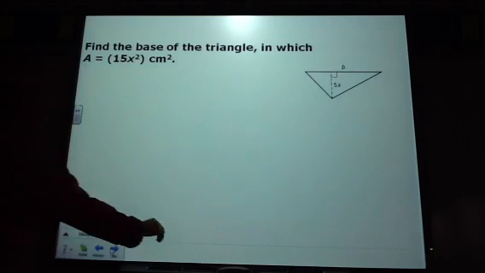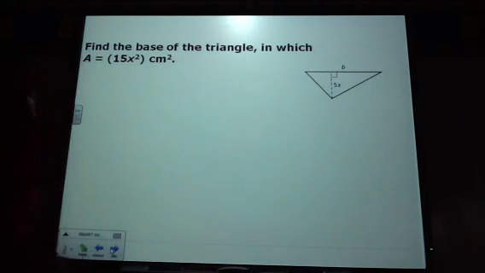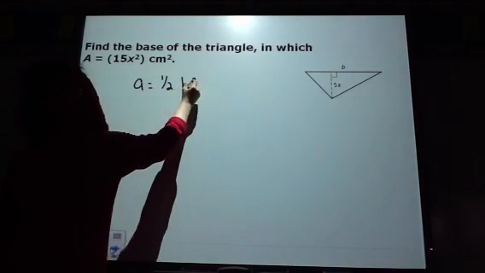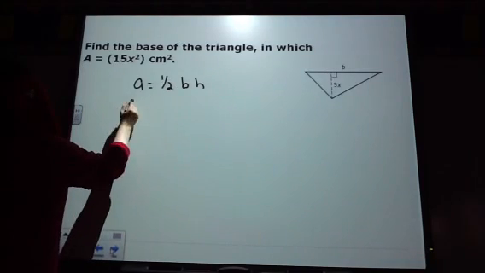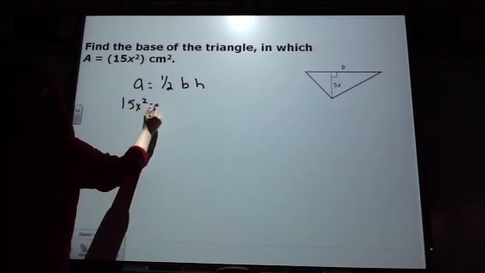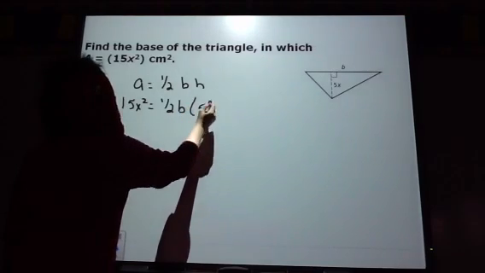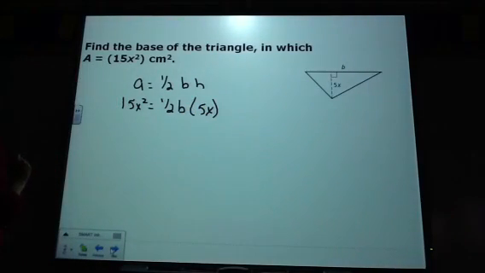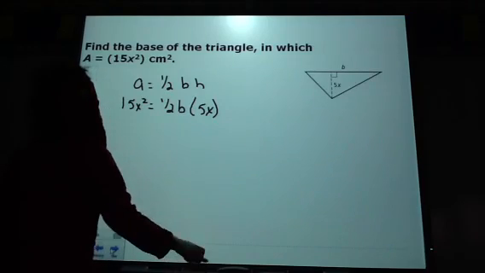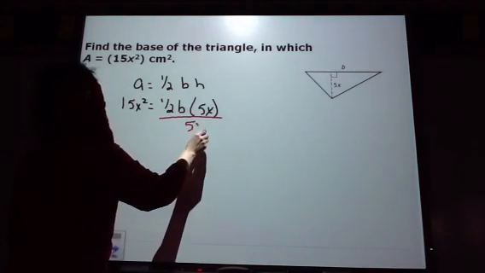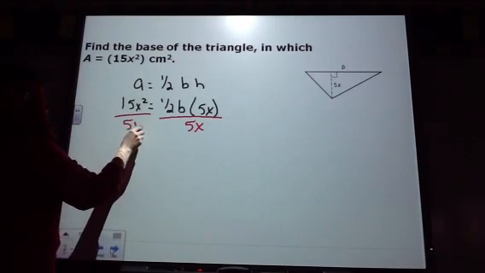Okay, so we have a triangle, and we are trying to find the base of that triangle. So the formula of a triangle is 1/2 base times your height. Let's substitute in what we know. Okay, so I can cancel out that 5x.